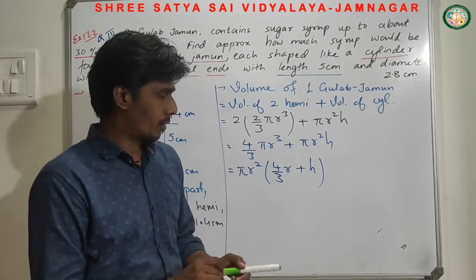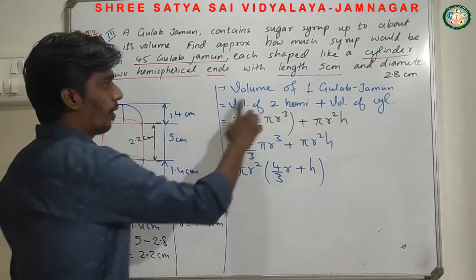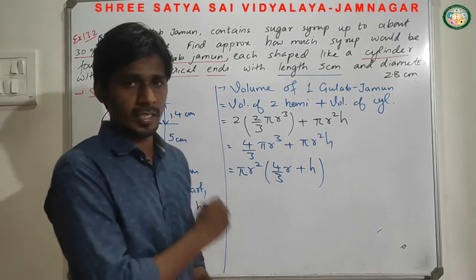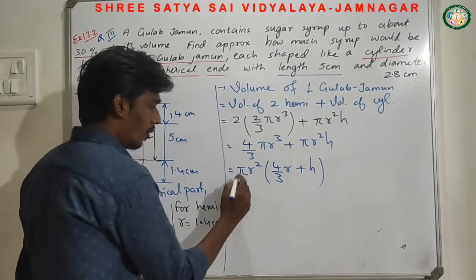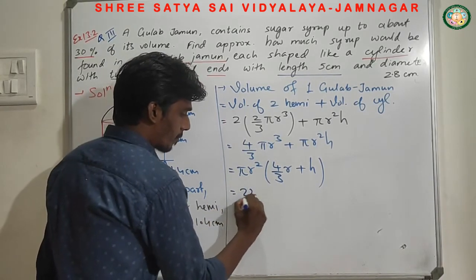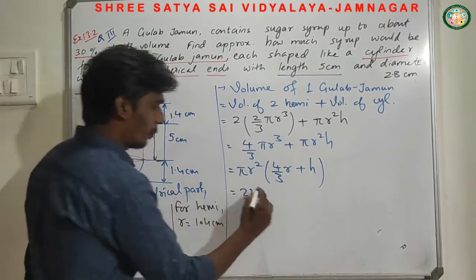Now in the formula we have to replace all the values to get the volume of one gulab jamun. So this is the first part of the calculation. First of all, the value of pi is given, I think 22 by 7. Radius is how much? 1.4.